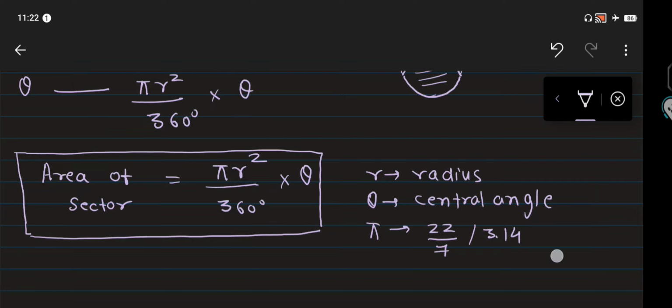Now we will solve one problem to apply this formula.